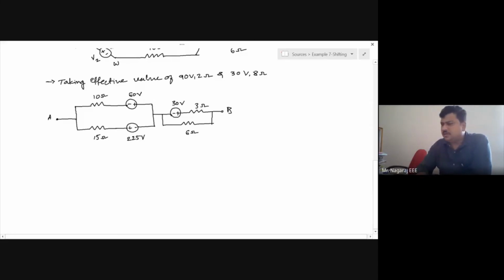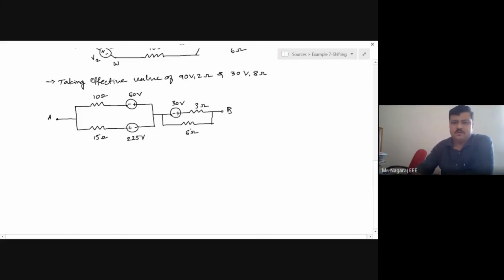Now I think it is only a matter of source transformation. Two voltage sources are in parallel. I have to convert them into current sources. There is a voltage source and a resistance in parallel, therefore I have to transform this again into a current source.